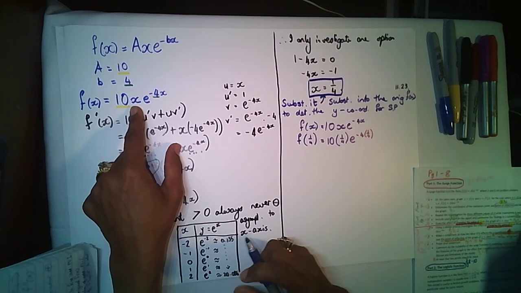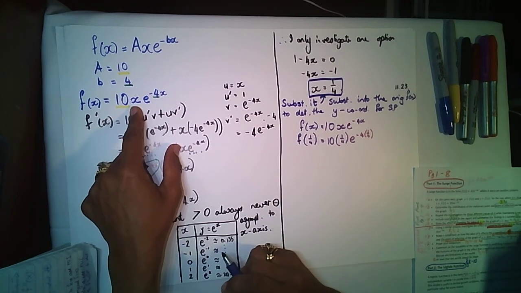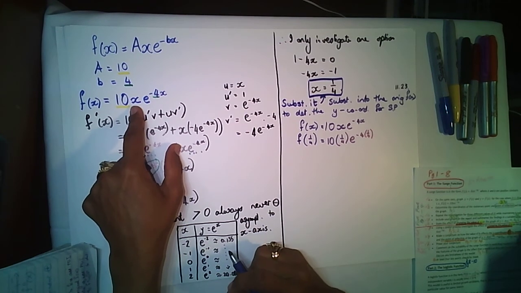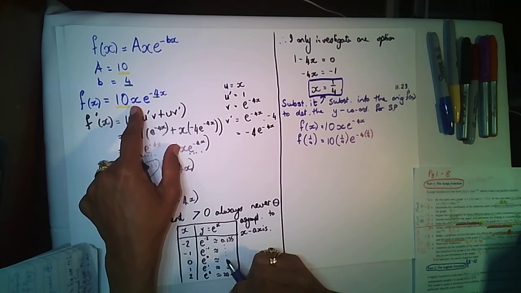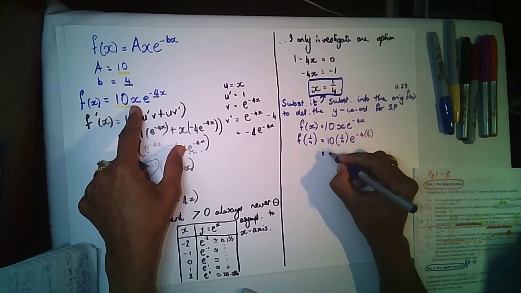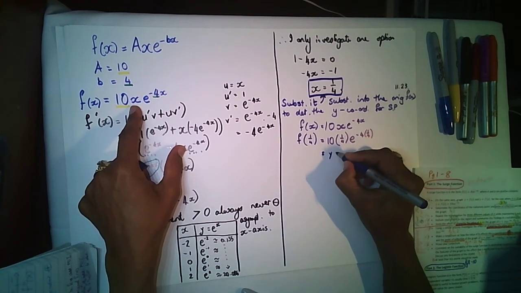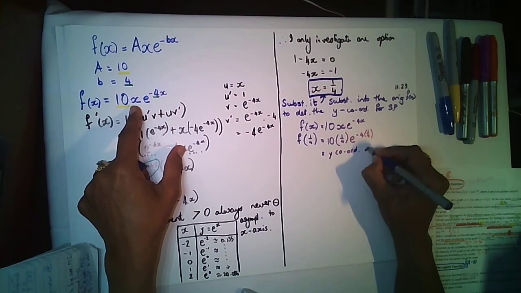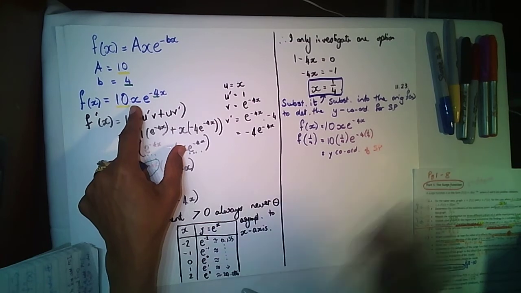You'd need to use your calculator, or you can use a graphics package. I'm going to ask you just to work that out. It is an investigation after all, and you're going to need to find that value for your stationary point. What you would end up with is this answer will give you the y coordinate of your stationary point.